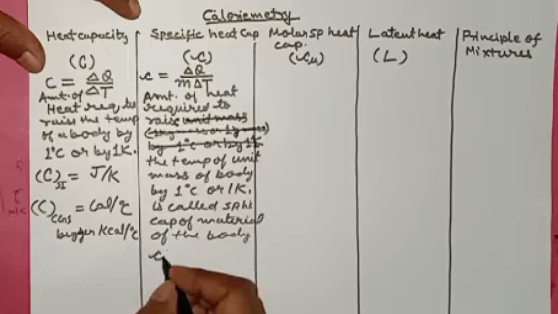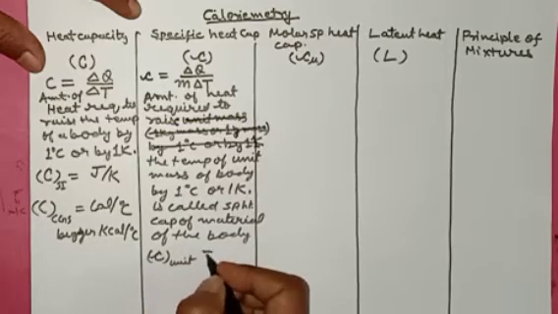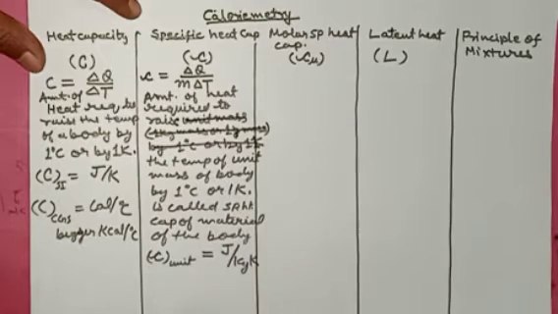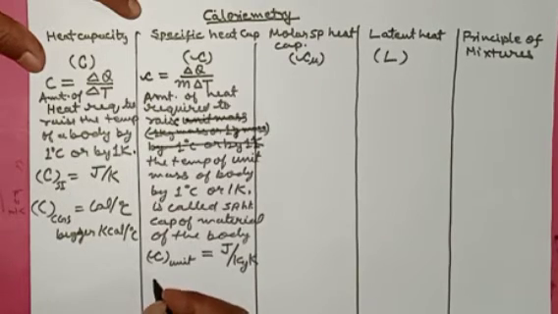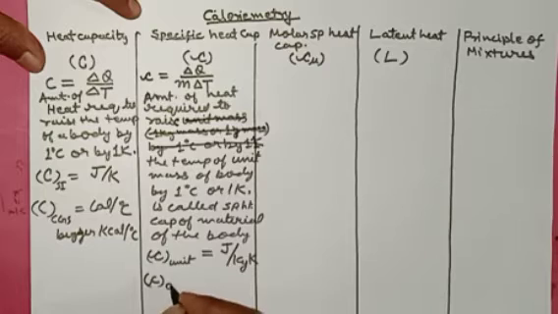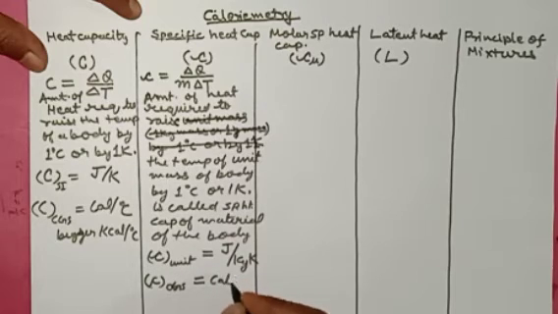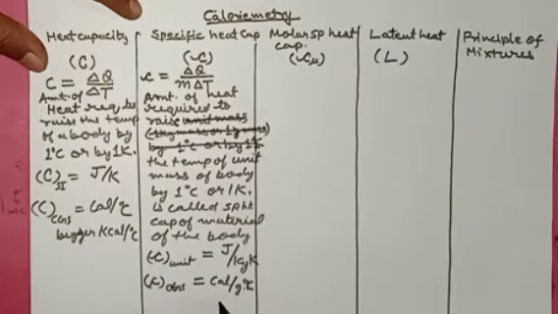So its unit is joule per kg Kelvin, and the traditional CGS unit, otherwise it will be erg, but instead of erg we use calorie, so it will be calorie per gram per degree Celsius, most commonly.